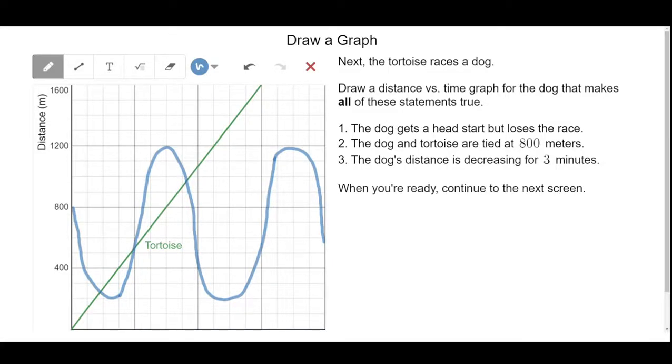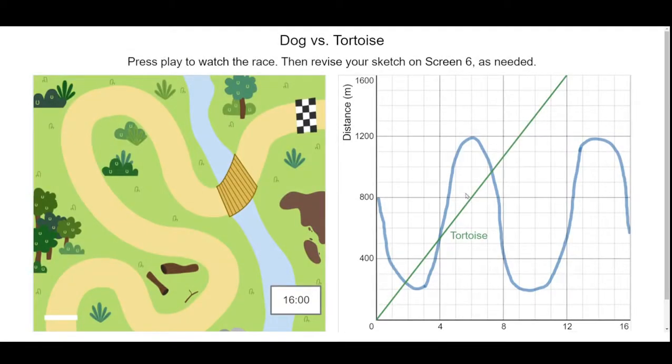So this one's going to be a little bit difficult because my drawing skills on the computer aren't the greatest. But here we have the rough general idea. So let's see what our dog's movement is going to look like.